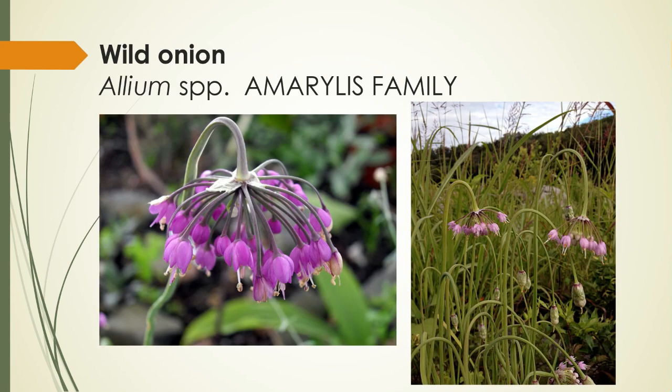Let's start off with wild onion, which is definitely one of those grass-like plants. When you see it over here on the right, you can see that it looks kind of like grasses. There's a bunch of grasses in the background here, and they kind of blend right in with their linear leaves. Well, if you were to pluck one of those leaves out, you'd notice it's quite a bit more succulent, and if you hold it to your nose, it's going to smell oniony.